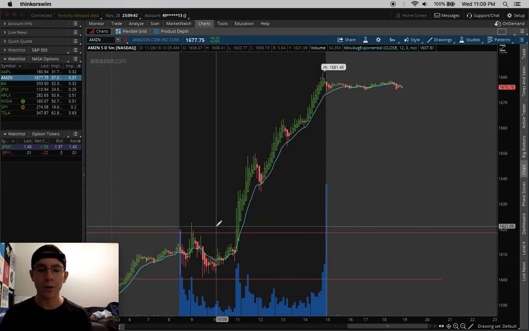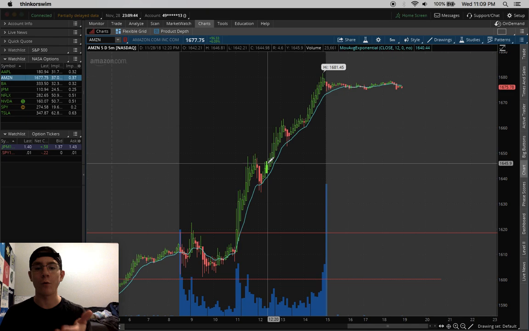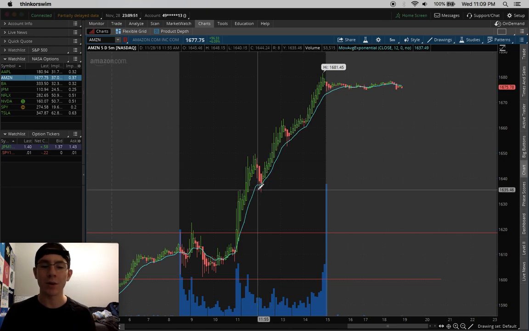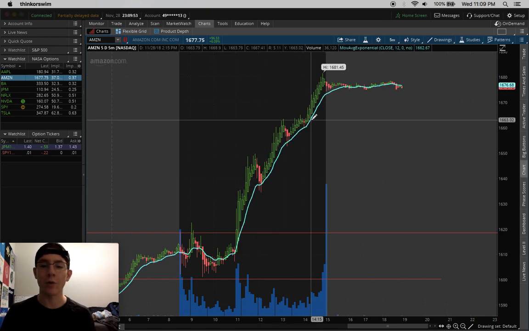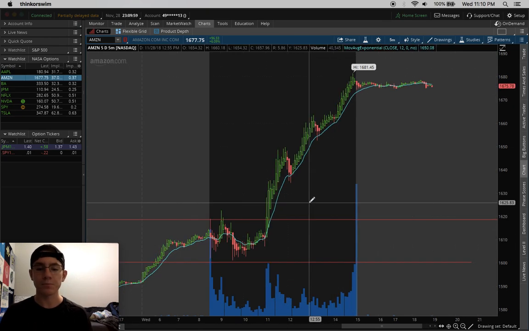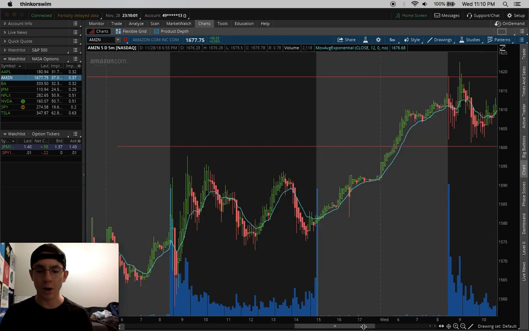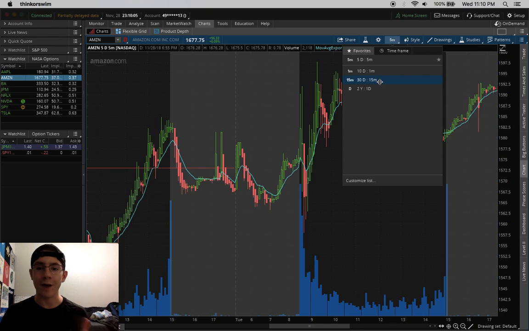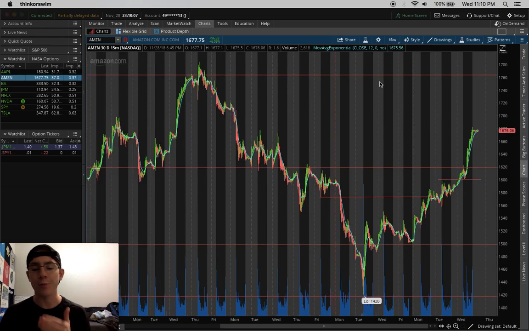Alright, so if we can see here, obviously the overall trend on Amazon today was green, bullish, right? And we can see that we are being supported by our 12-period exponential moving average. So let me show you how this works. I would use it on a 5-minute chart, or more preferably a 15-minute chart.